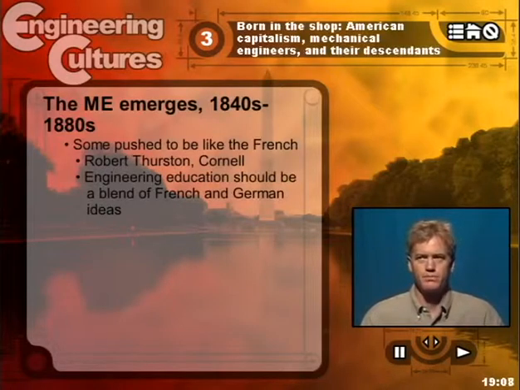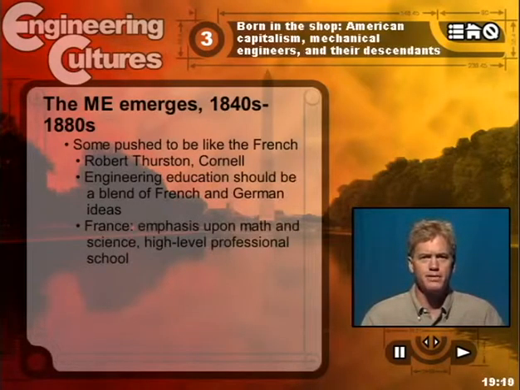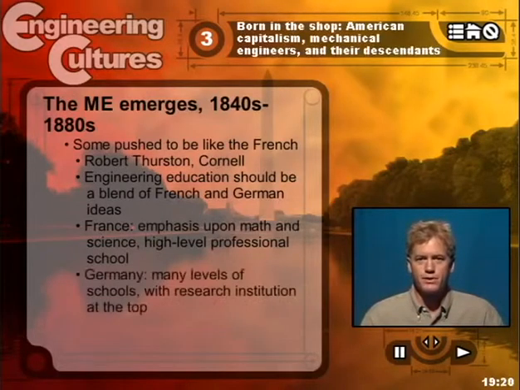In his position, from France came an emphasis upon math and science and the concept of the high-level professional school with a hierarchical structure of schools. And looking to Germany, he drew the practice of setting up schools to train technical personnel at all levels, with the research institution at the top, namely the one that he was developing.